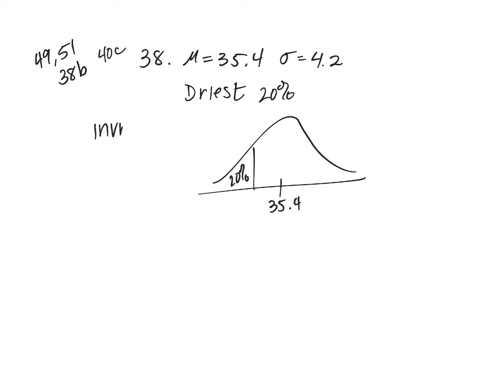That's inverse norm, 0.2. If you're using left, center, right, you're going to make it left, because this is left, center, right, if you're using inverse norm. If I want the driest 20%, it's going to have the least amount of rain, right? So smaller numbers.